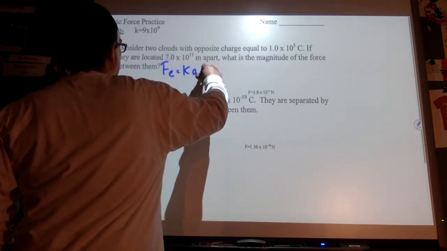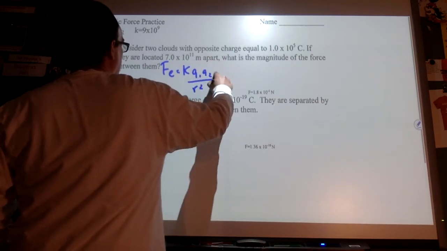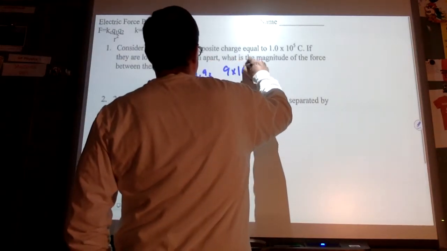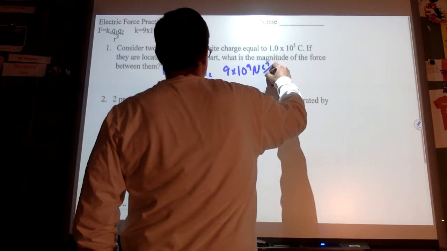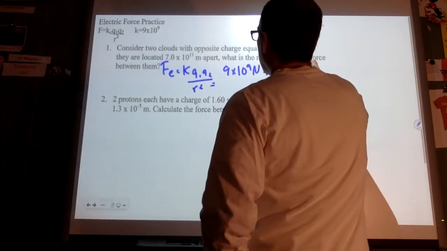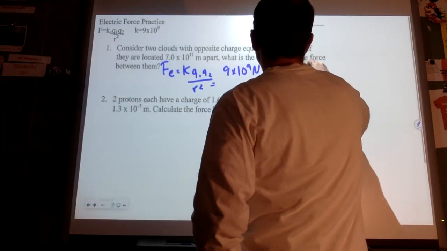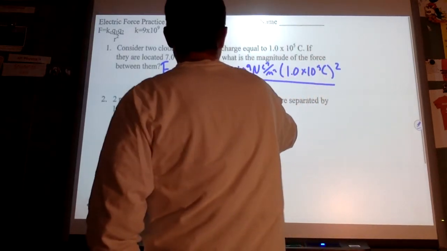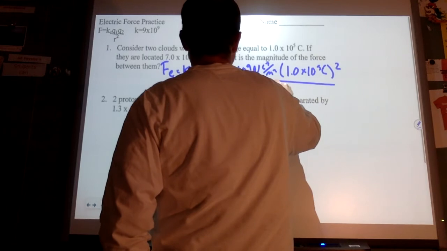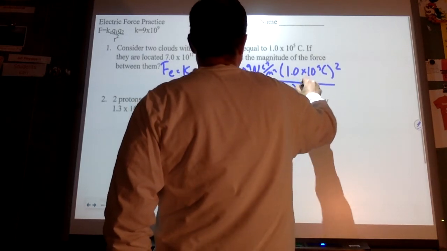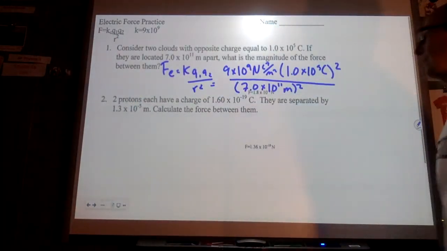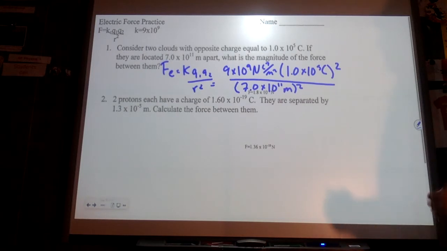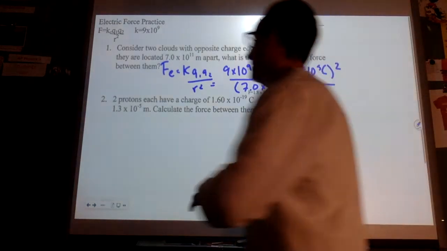The equation is at the top of the page. Two protons each have a charge of 1.6 times 10 to the negative 19th. They're separated by 1.3 times 10 to the negative 5th. Calculate the force between them.